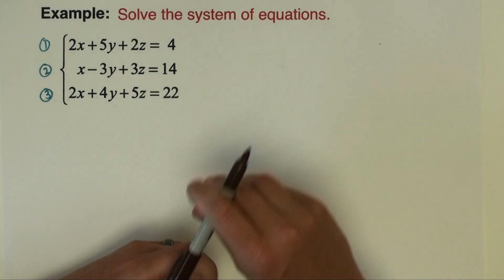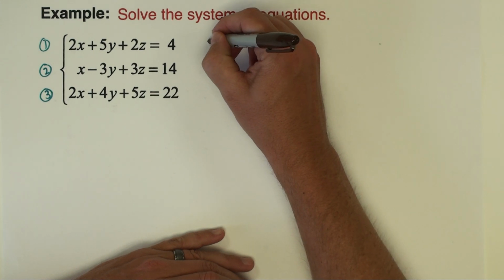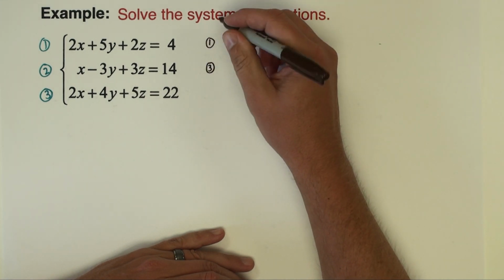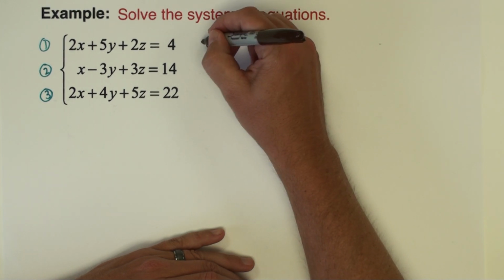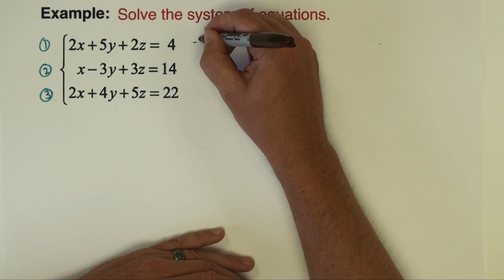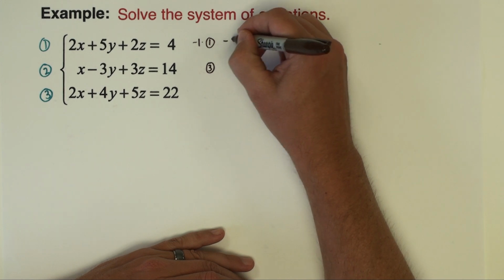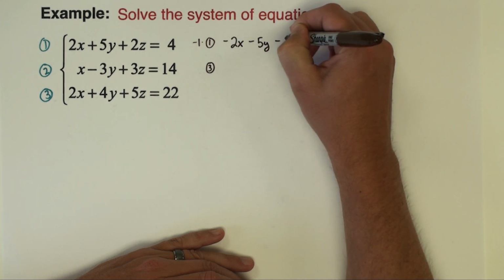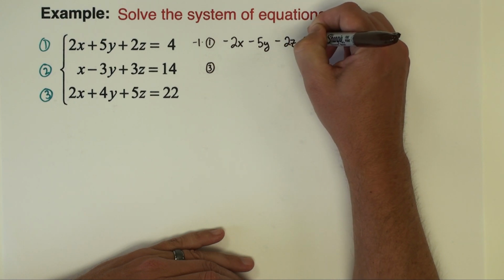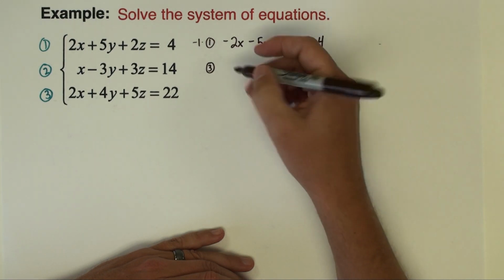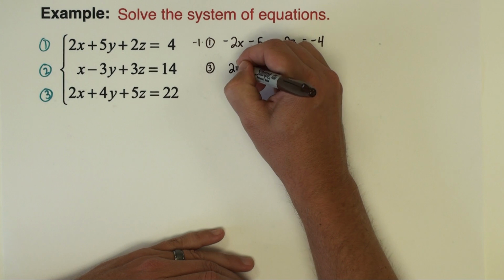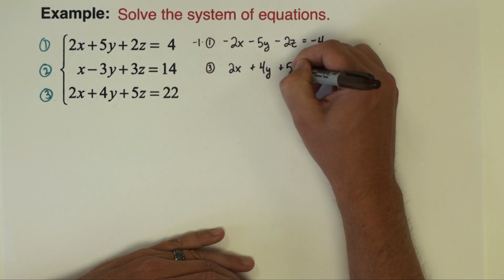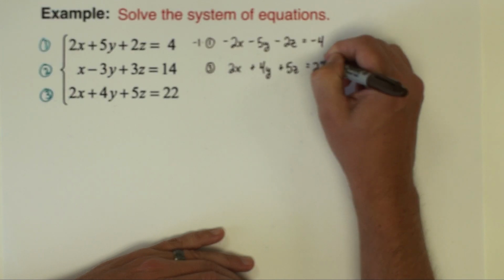I am going to start with the top equation and the bottom equation, and I'm just going to make the top equation negative. I'm going to multiply it by negative 1. So I have negative 2x minus 5y minus 2z equals negative 4. And the bottom equation is 2x plus 4y plus 5z equals 22.